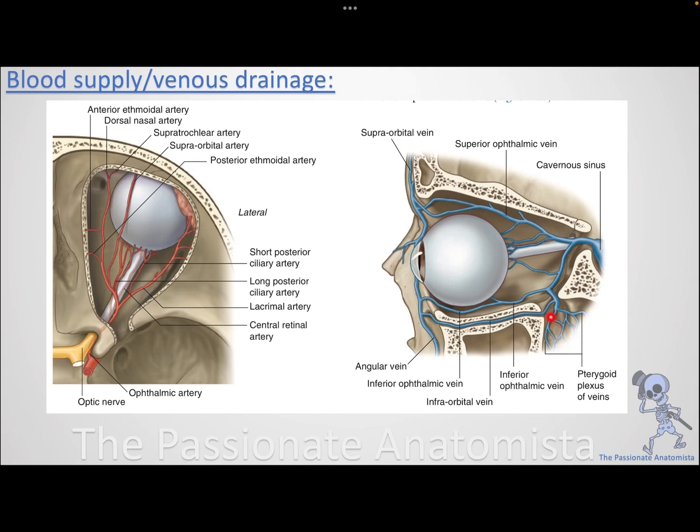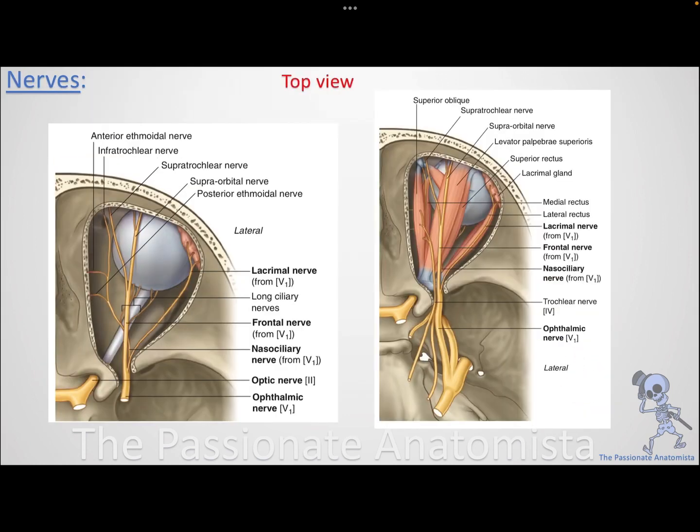So that's why infection from the nose can spread to the eye, can spread to the cranial cavity, can spread to parts of your face, and this is how dangerous this place is. So remember the communication between the superior ophthalmic and cavernous sinus, and inferior ophthalmic and pterygoid plexus of veins, which is also communicating with facial veins, right?